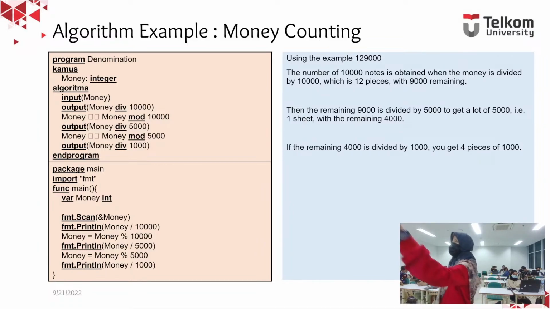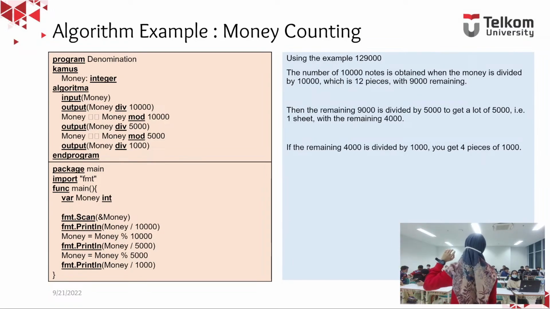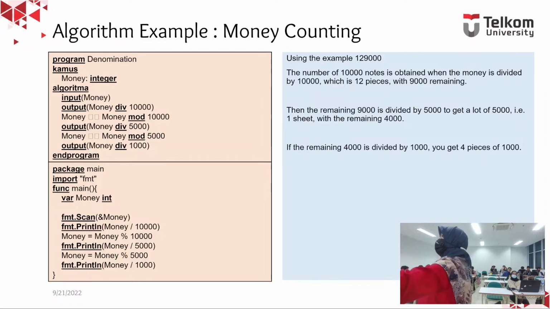So first we have money as the input, and the data type is integer. Next, in an algorithm, the first thing to be executed is to take the input. Please also remember that an algorithm is a sequence of operations.